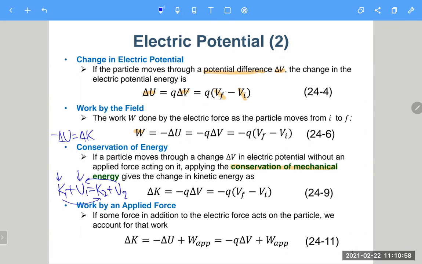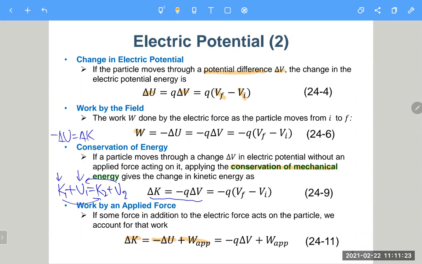So this is how it looks, because minus Q delta V is actually minus delta U. So delta K is minus delta U, and actually delta K is minus delta U plus W applied.